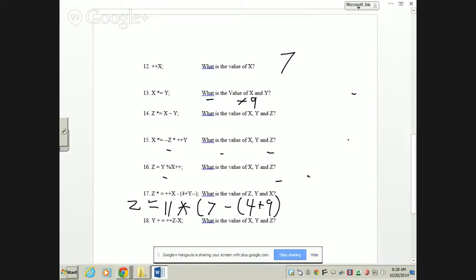Okay, so that's 7 minus 13 is negative 6, so z equals 11 times negative 6, or negative 66. And x was already incremented to 7, and y now becomes decremented to 8.